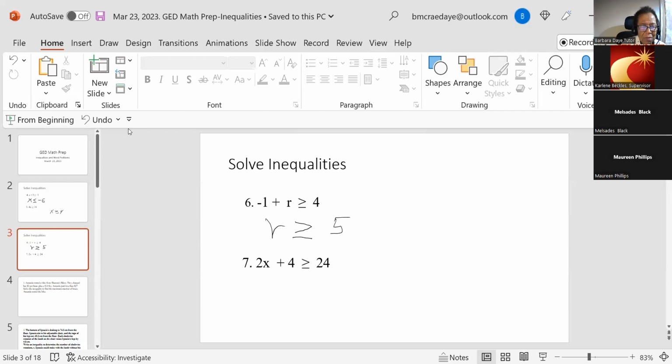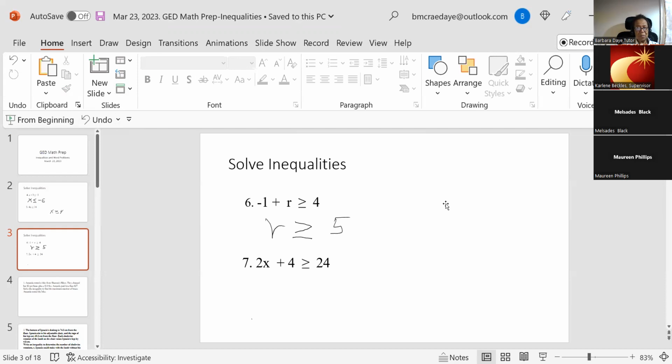Because it has -1, then the 4 is also a -4? No, the 4 is a plus 4. Why do I get 5? Because if you add 1 to a -1, you get 0, and you add 1 to the 4, you get a 5. Remember, you do the same thing on both sides of the inequality. Were you saying that plus and negative means subtraction?